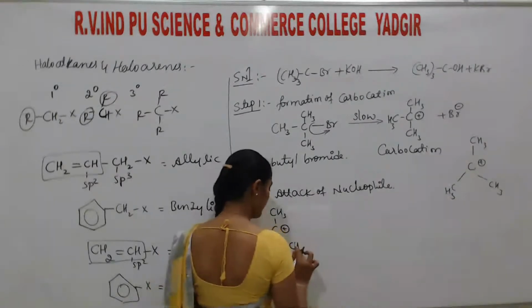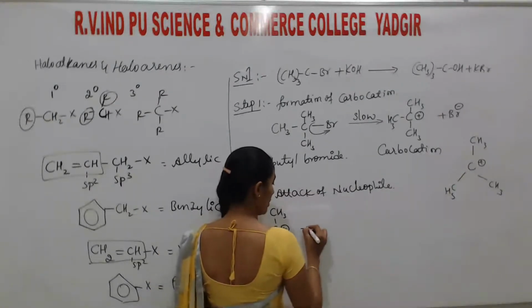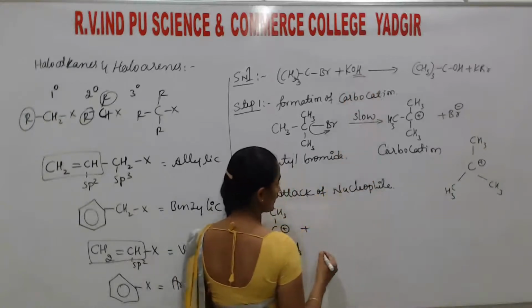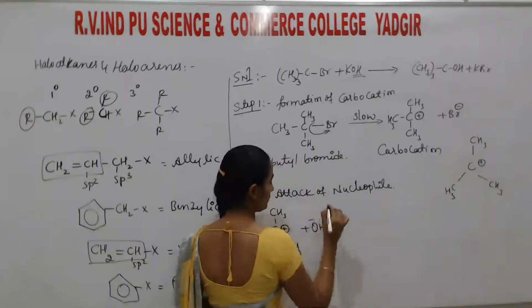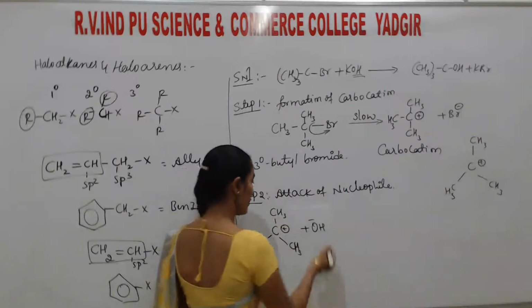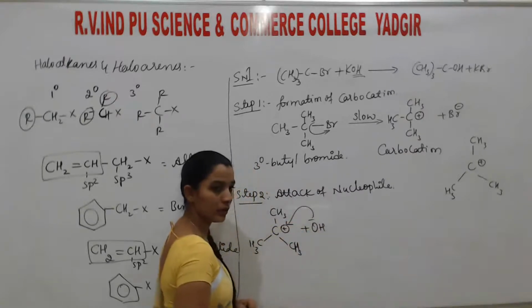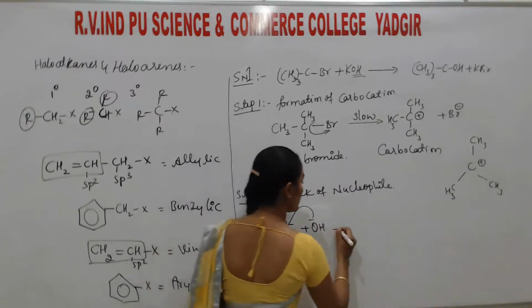Here there is addition of the nucleophile. Which one is the nucleophile here? OH minus. So when this OH minus approaches this carbon, then what happens?